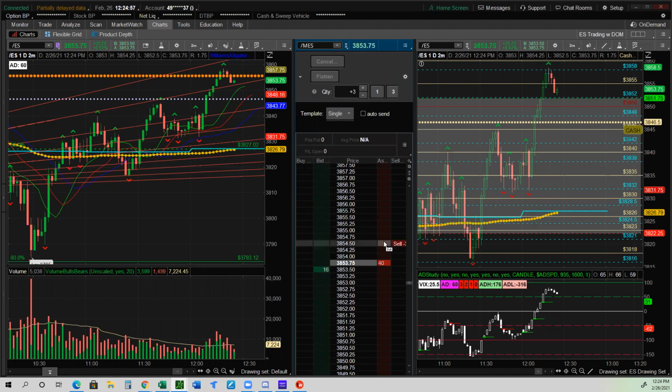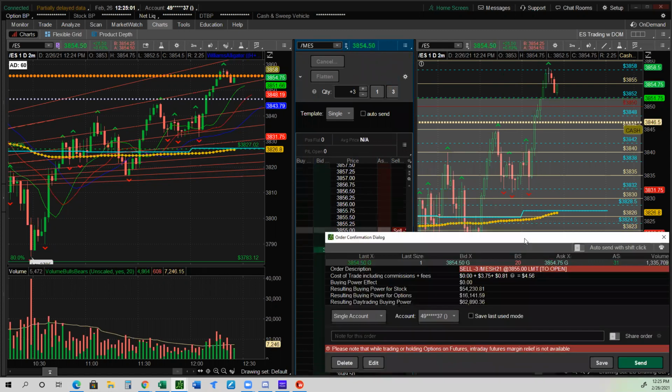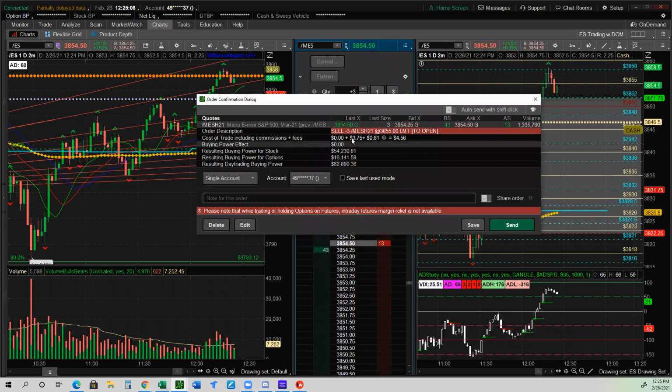And I sell 3. So auto send is off. So this is not going to send the order, but it's going to actually pull it up. You can see it's going to cost me $4.56 to do that. And it has 0 buying power effect. 0 by me selling 3. So that's kind of cool because they know, right, that, hey, you're positive and this is going to neutralize delta. So it's not really going to take away your buying power.